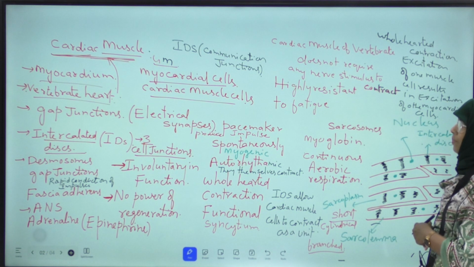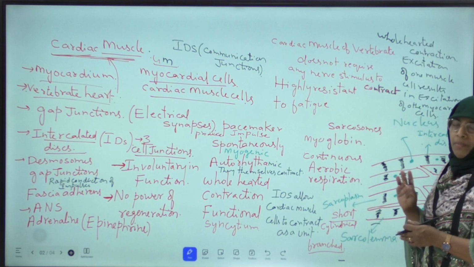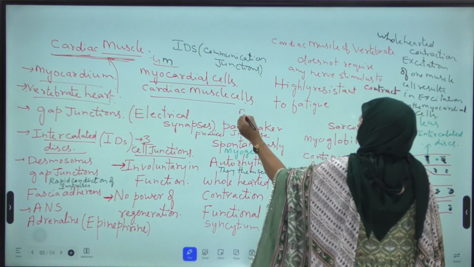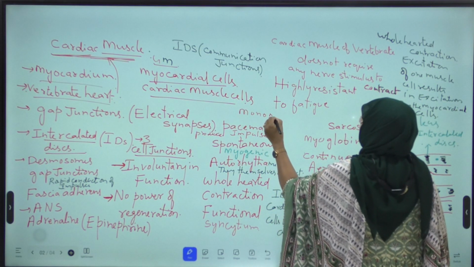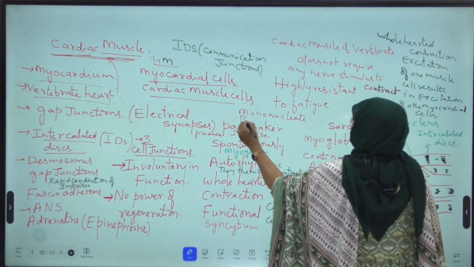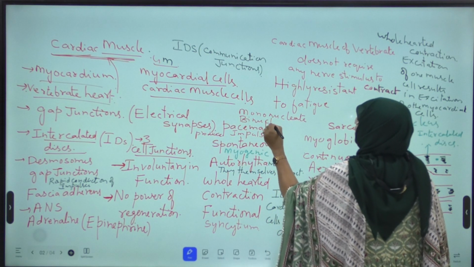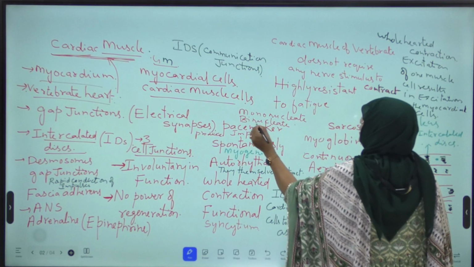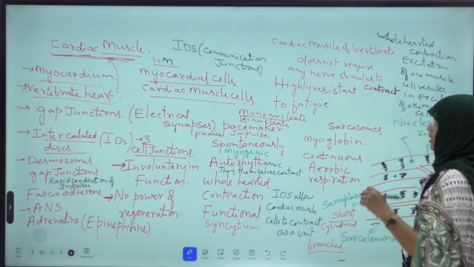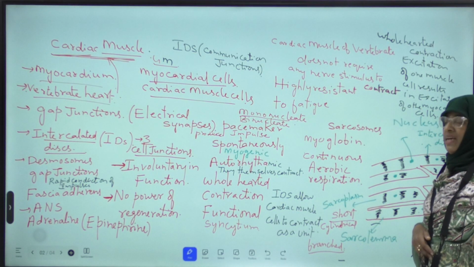So a cardiac muscle cell is mononucleate or binucleate. But skeletal muscles are multinucleate.